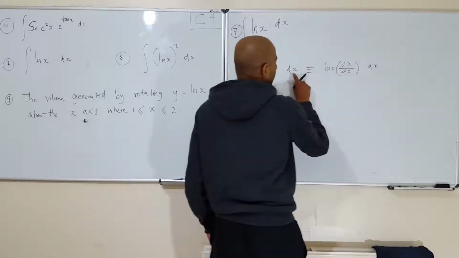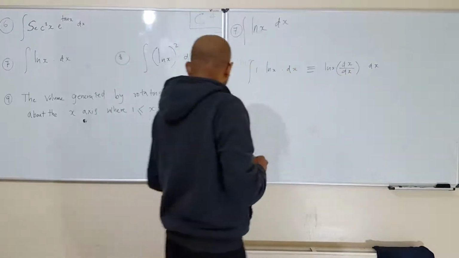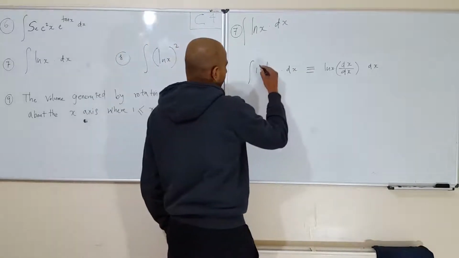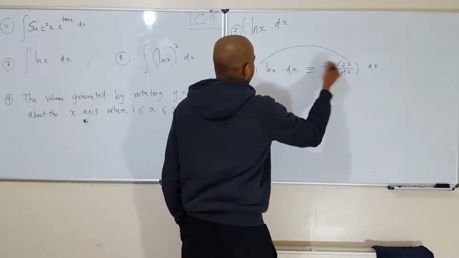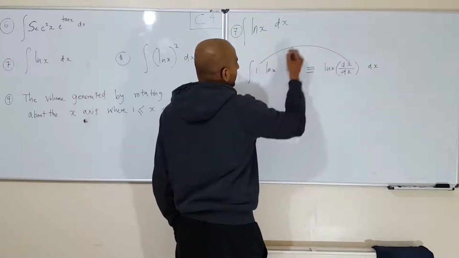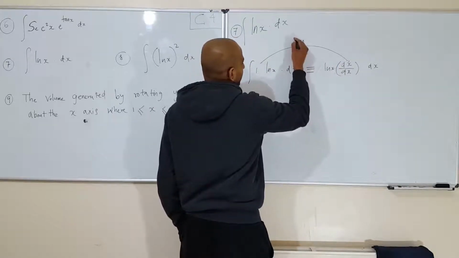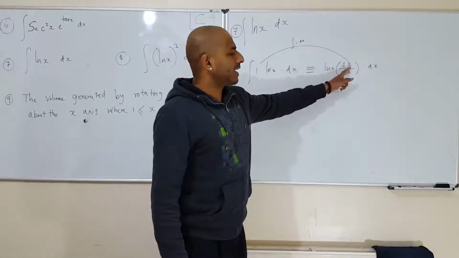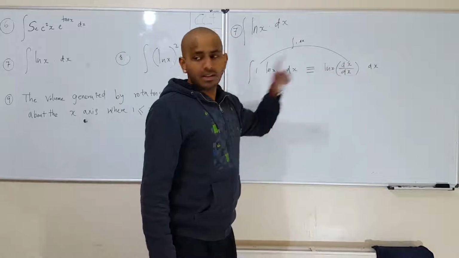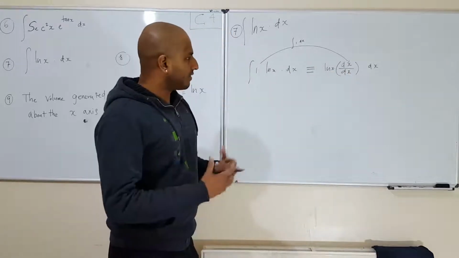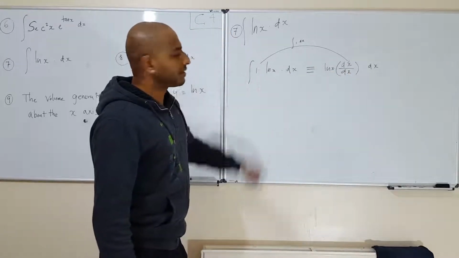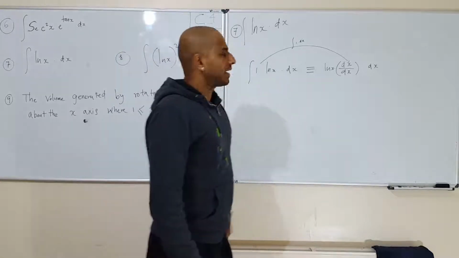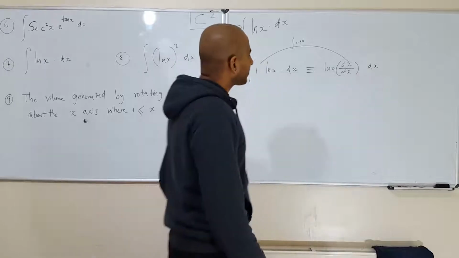So what I did, I basically integrated 1, and again I differentiated it in order to keep the original expression intact. And I just wrote ln x there, and dx is that dx.